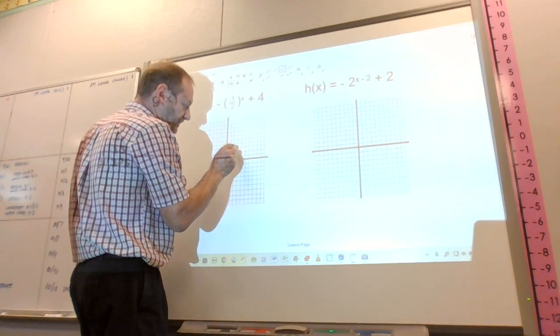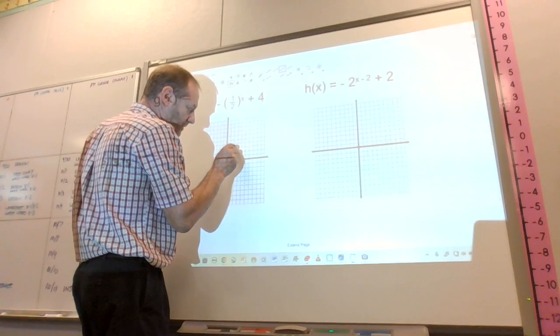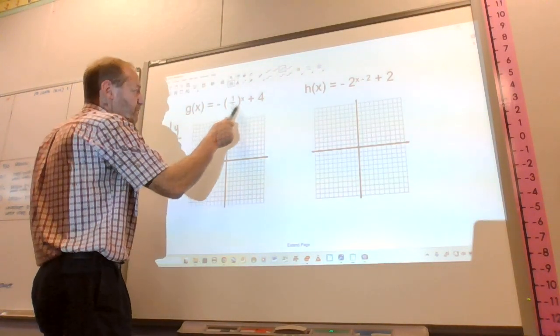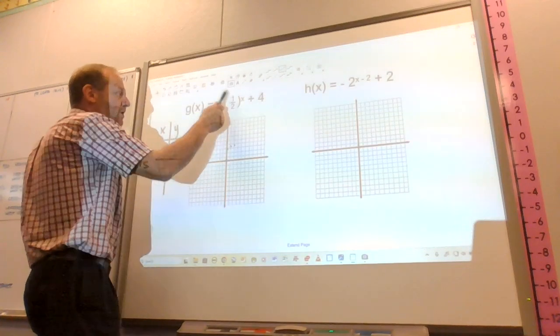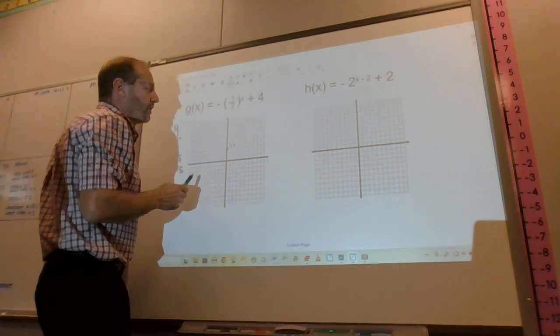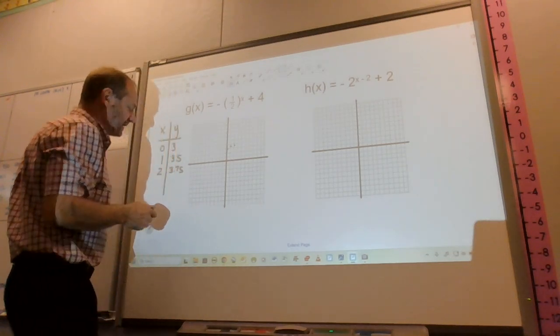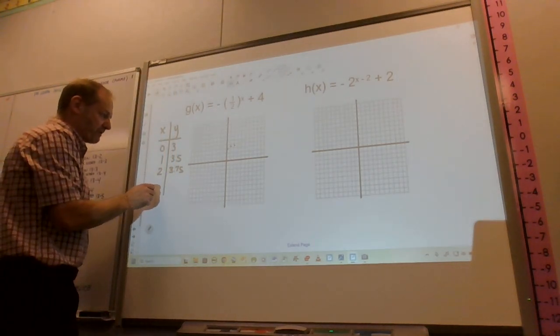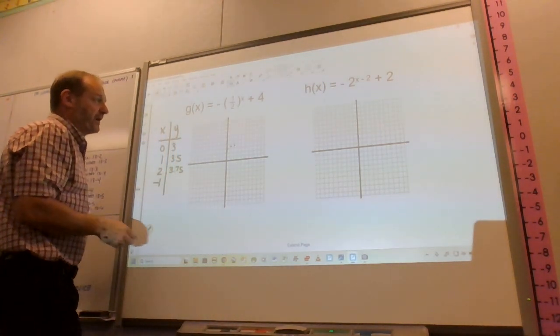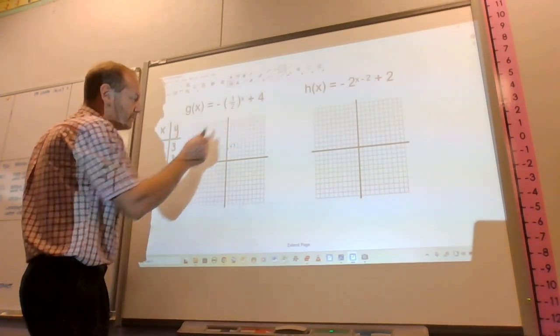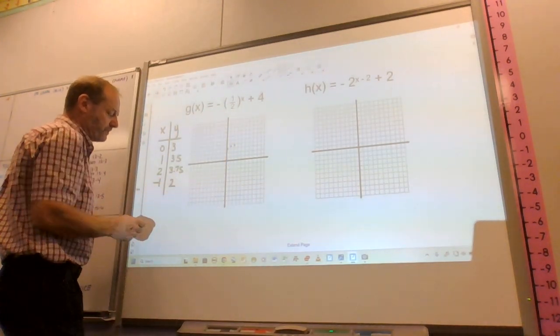Okay, so this is a little bit different. You can see that this is always going to be a small number plus a small negative number plus 4. So this is going to approach the number 4. It's never quite going to get there. So let's go the other direction and see what happens. If I plug in -1, this becomes 2, but that makes it -2 plus 4 is 2.